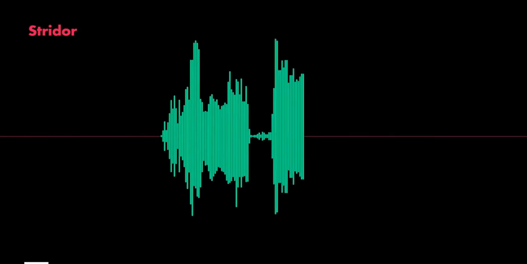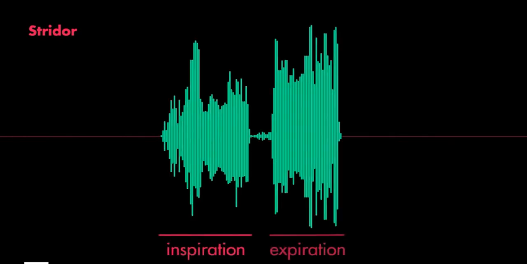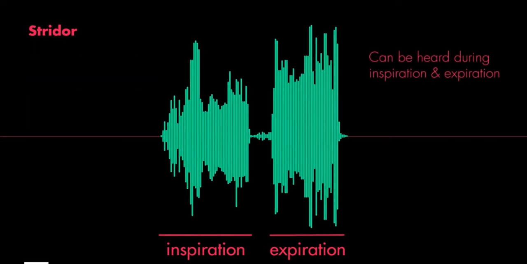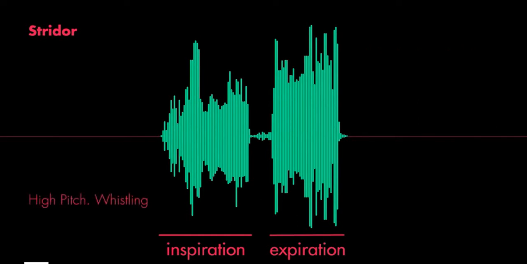Don't press hard on the throat. So this person has both inspiratory and expiratory stridor. But mostly it's going to be inspiratory.